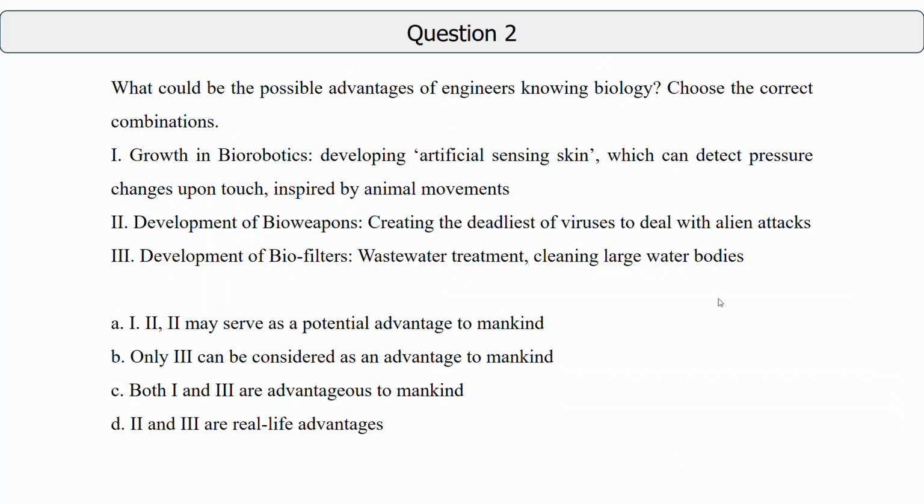Sir, it's option C because creation of bioweapons has a destructive potential, not benefiting people. In fact, it creates more wars. Okay. Explain it a bit more. What are biorobotics and biofilters?